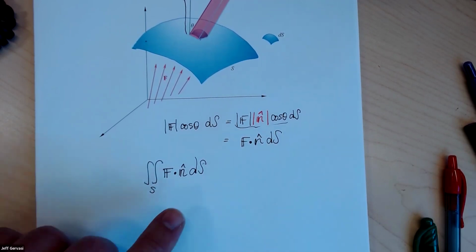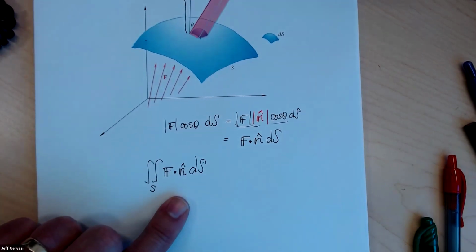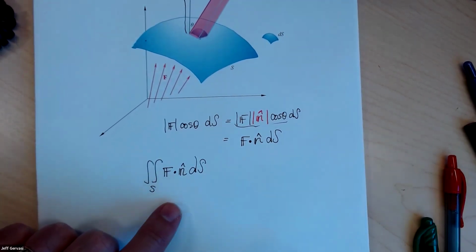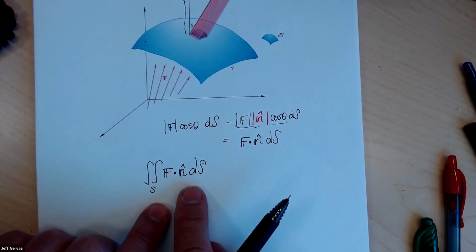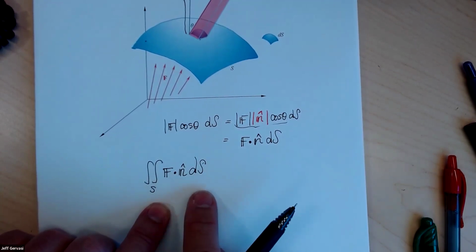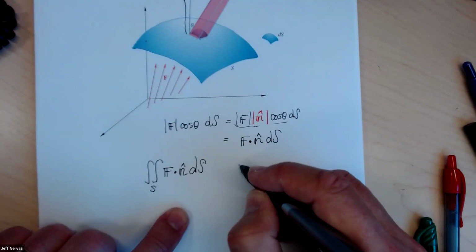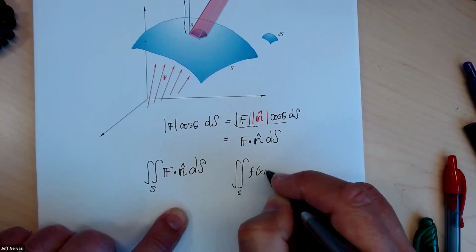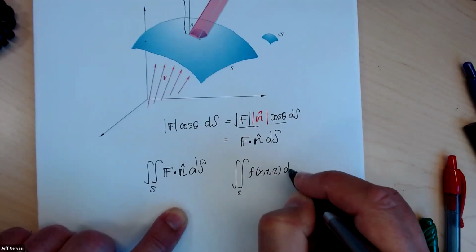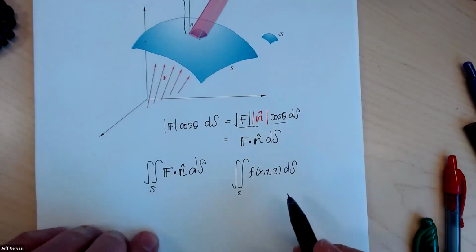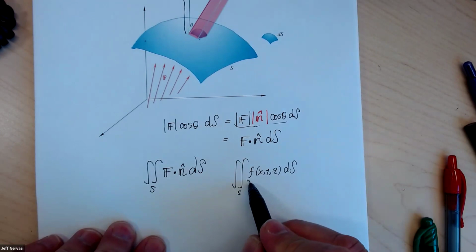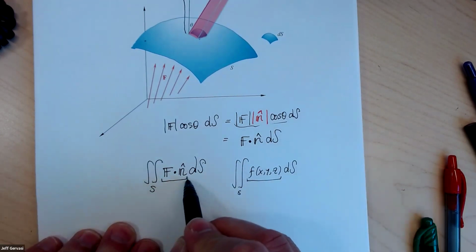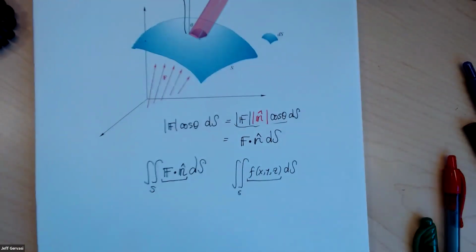I will point out though, and we mentioned in yet another video, that this is a form of a surface integral. The general form of a surface integral, we said in that video, looked like this. In this case, the integrand is the dot product of 2 vectors.